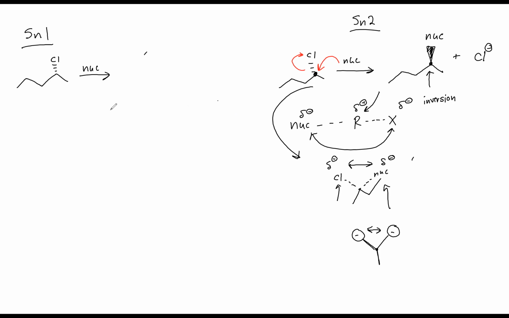Sn1 is a little bit different because remember, in Sn1, we are going to create a carbocation. When we create that carbocation, remember we're sp2, which means we are trigonal planar. This planar is really important because that means that every atom on this positively charged carbon is going to be in the same plane.